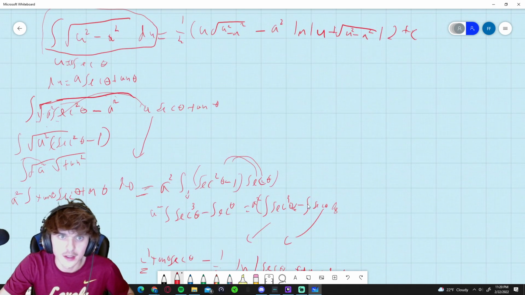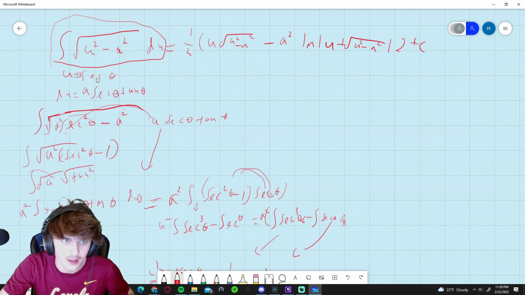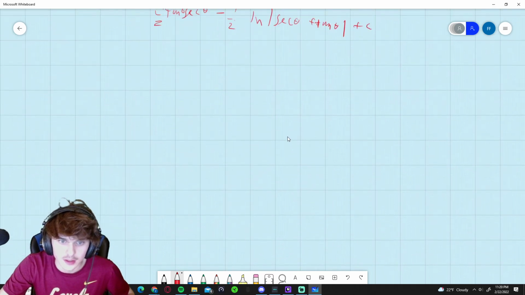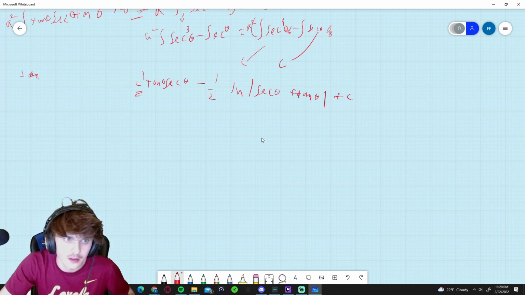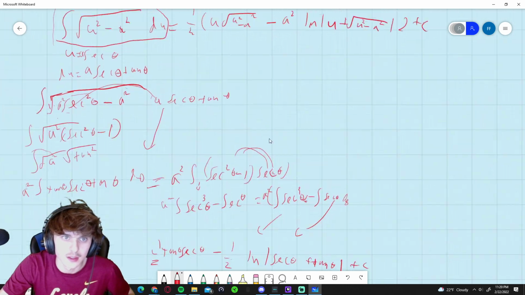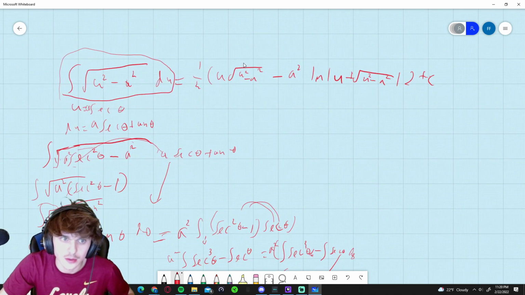So up here, u is equal to a secant, and then tangent is equal to the square root of u squared minus a squared, because you do the triangle over here.